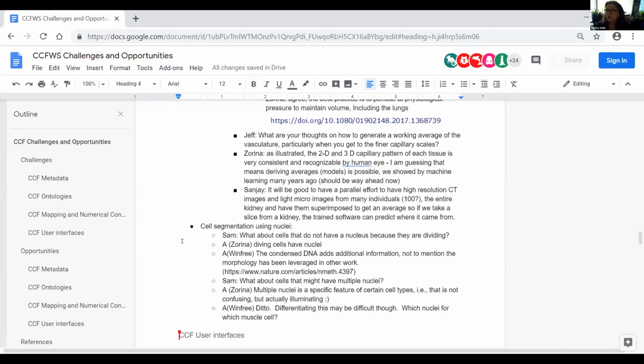So I tried to answer that, and maybe I'm not getting your question, but I think that if you try to imagine that you'll have a 100 micron cube in any tissue, you will have a certain pattern that fits in that 100 micron cube, and most likely will contain a capillary or an edge, and there will be cells that are organized around it. And again, the pattern will depend on the tissue, and it's recognizable.